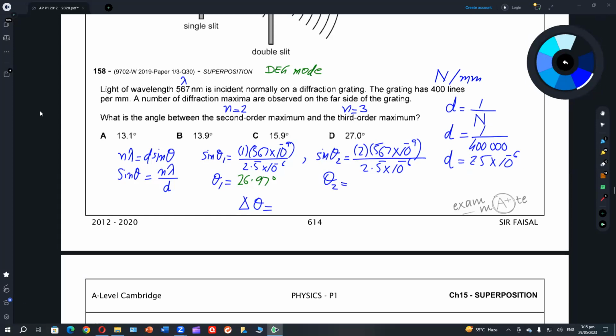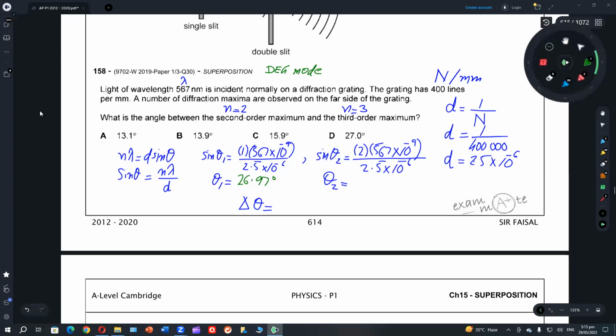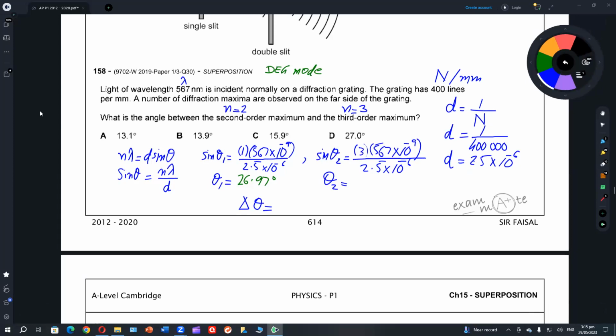What about theta 2? Now we will take n as 3 because n lambda is equal to d sine theta and n will be 3. You're right. I didn't check it, and by mistake I took 2. It's not 2. It should be 3 because it's a third order.